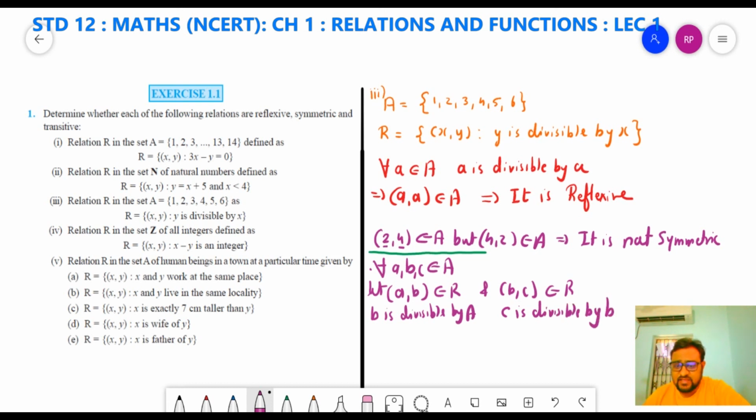Now see, b is divisible by a, right, and c is divisible by b, right, or else c is divisible by b, which is divisible by a.